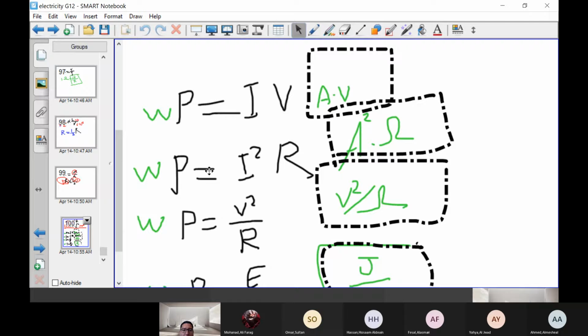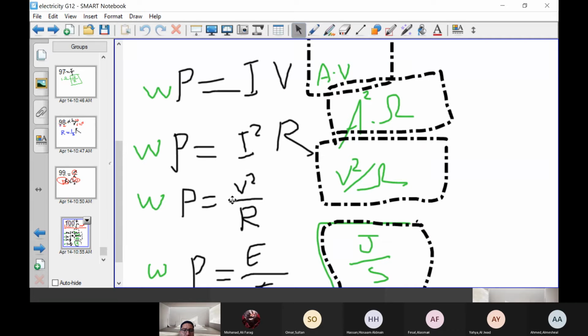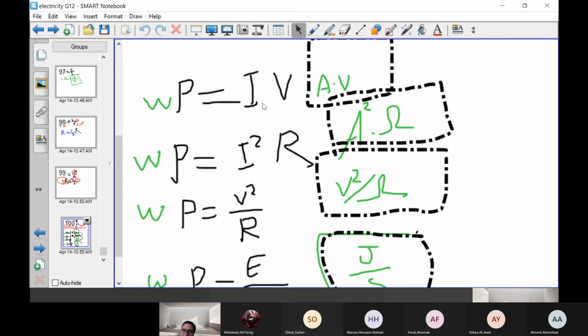We have power and IV, power and I squared R, power and V squared over R. Which relation can I use to determine the relation between power and resistance? In one it's directly proportional, while in another it's inversely proportional. So you may be confused. Power is directly proportional to current in one and to the square of the current in another, and the same for voltage. To determine which one to use, you have to know what features are mentioned in the question.